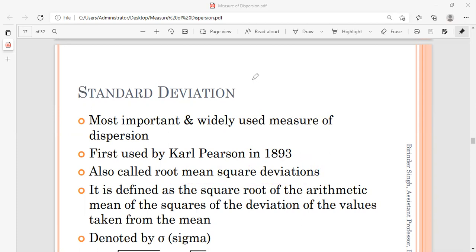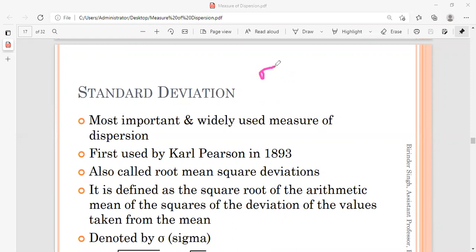Standard deviation is simply denoted by sigma. If standard deviation is related to the population, it is denoted by the letter sigma, and it is abbreviated as SD. Sigma is the symbol of standard deviation related to the population, and small s is the symbol of standard deviation related to the sample.